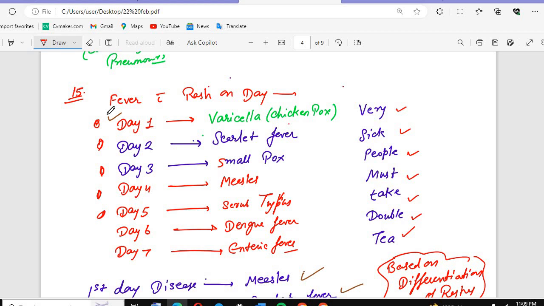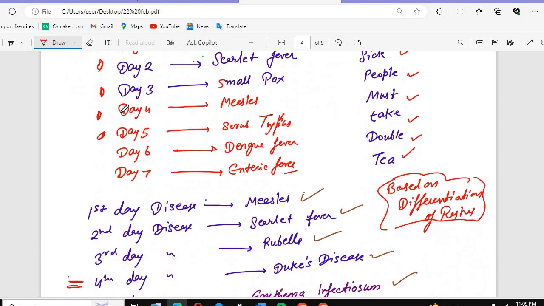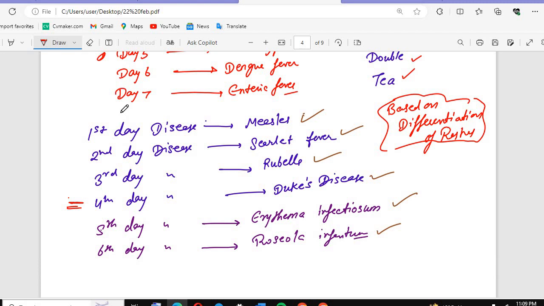The first day is called measles, the second day is called scarlet fever, third day is called rubella, then for fourth day you don't need to remember because this has been removed. This is unacceptable now, or it has been removed, we can say. So this you can skip.